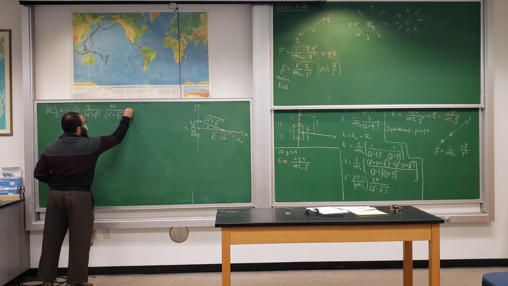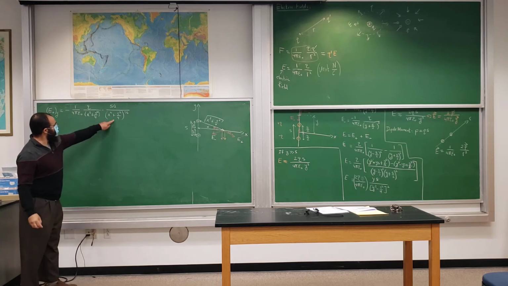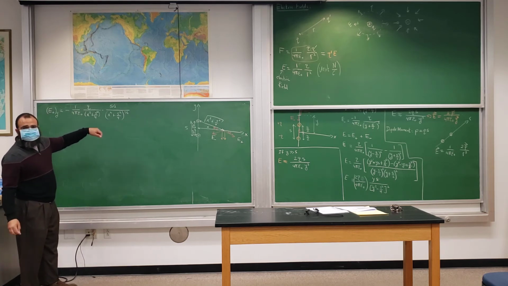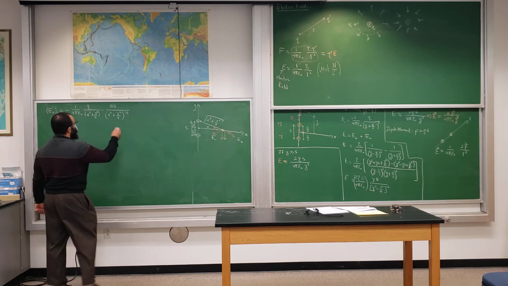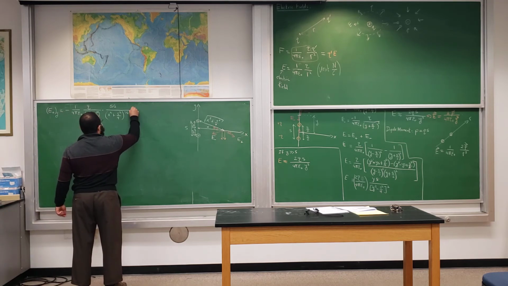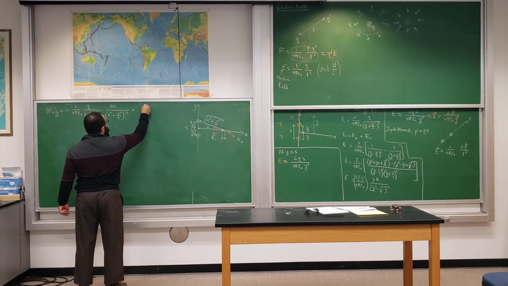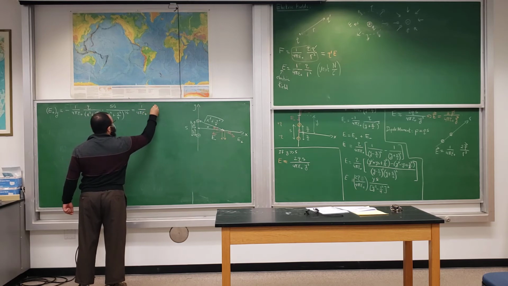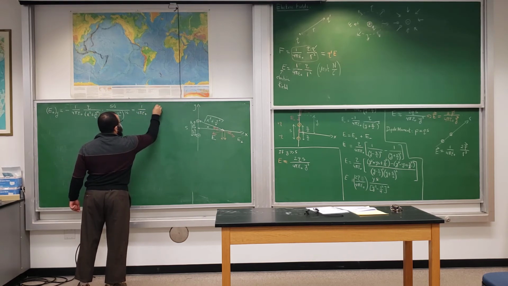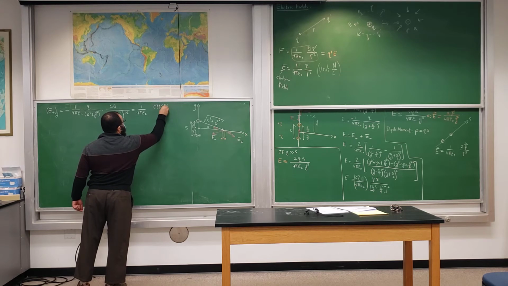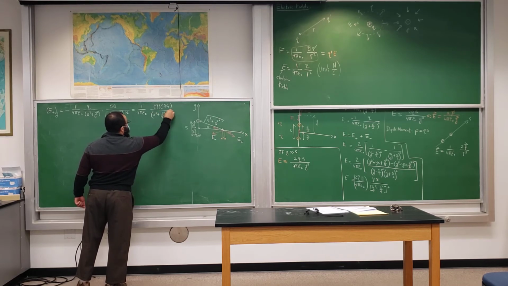Multiply these and you get the power 3/2. So you have 1/4 pi epsilon naught, q, times s over 2 divided by x squared plus s squared over 4 to the power 3/2.